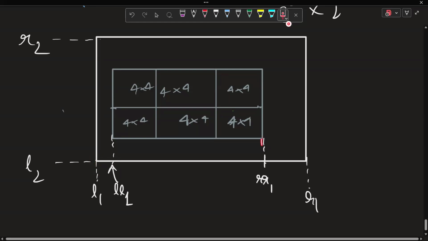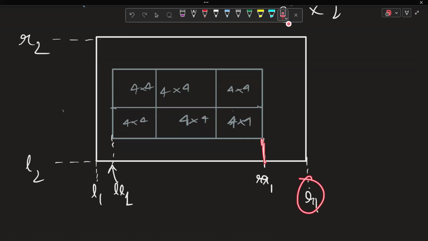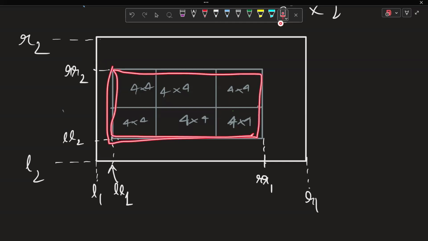Same for L2: the first point just above L2 divisible by 4 was LL2. And the first point just before R2 divisible by 4 was RR2. With this, this much you can cover with 4 cross 4 squares.